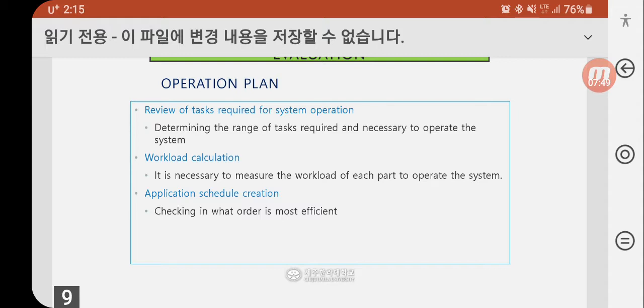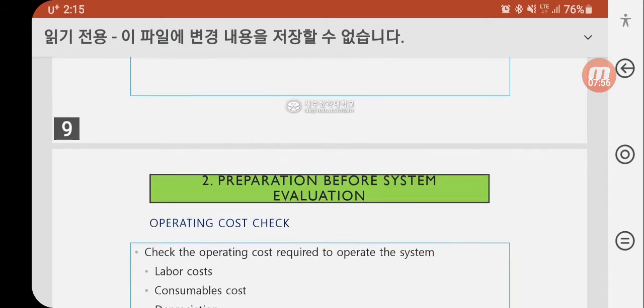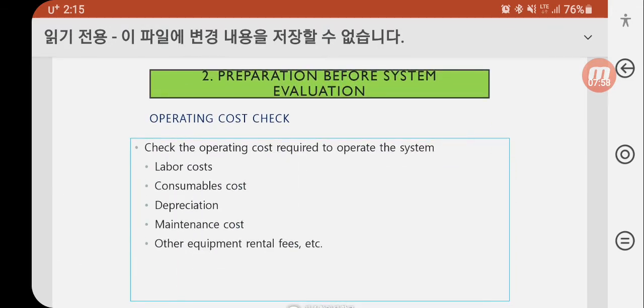Application schedule, checking in what order is most efficient. Operating cost check. Check the operating cost required to operate the system: labor cost, consumables cost, depreciation, maintenance cost, and other equipment rental fees.